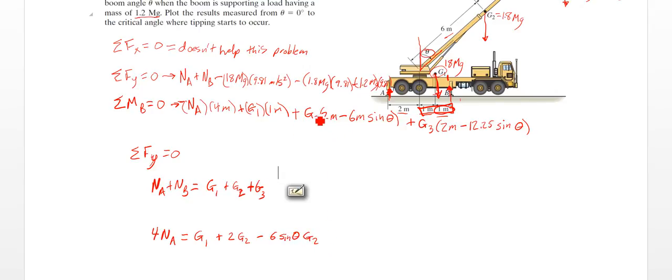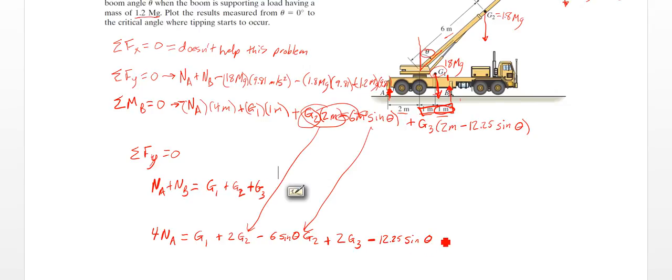So I expanded this out, so there's my 2G2 that came down to here, and then I have my G2 times my 6 meter sine theta here, which came there, and that's the negative sign came through there. And then we'll have plus 2G3 minus 12.25 sine theta G3. So that's the expansion of this term over here coming down into these two terms.